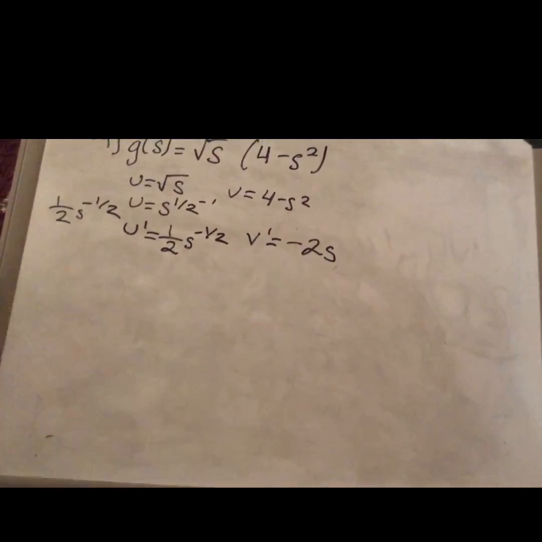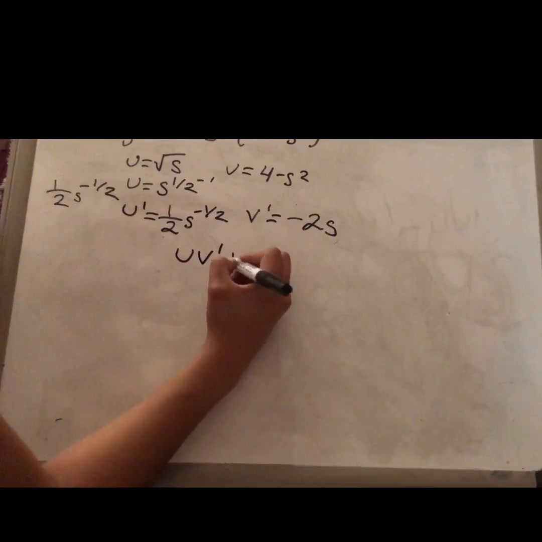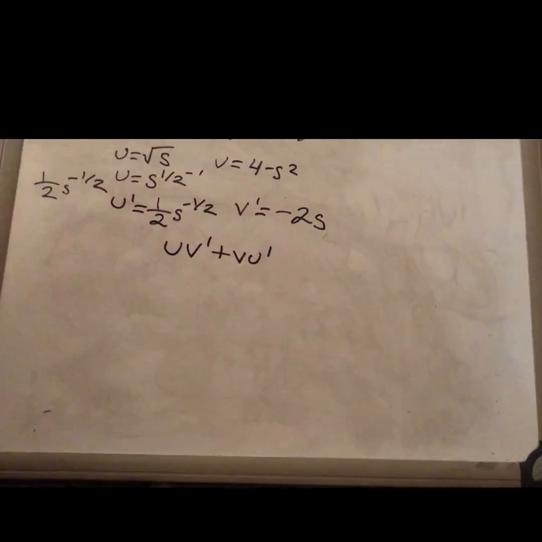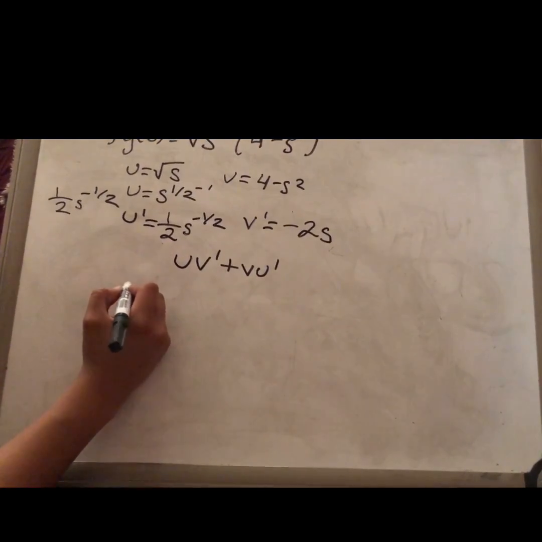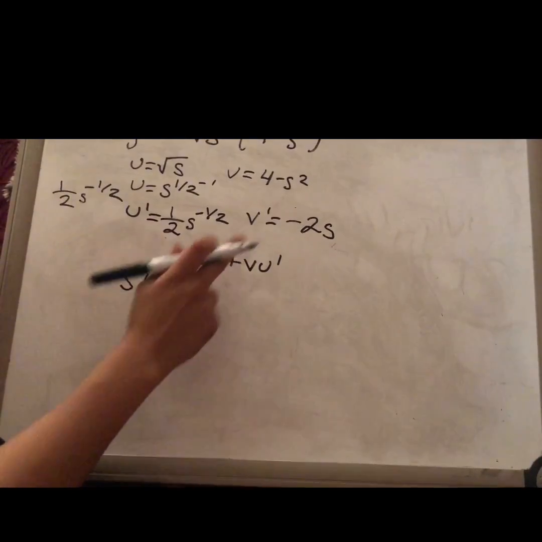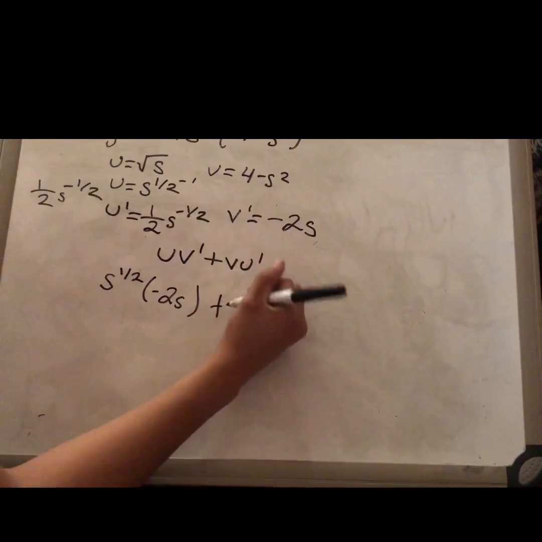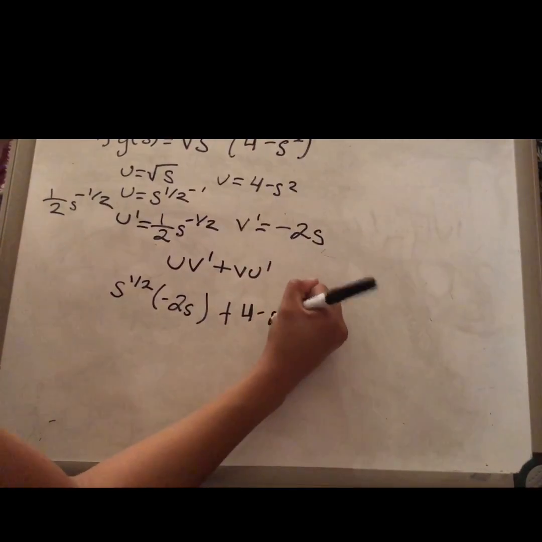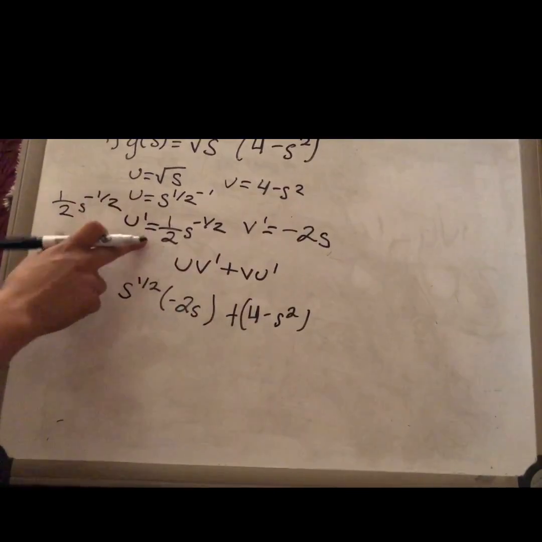So since you're multiplying, you would use the product rule, so it's uv prime plus vu prime. So now you just plug it into your formula, which is s to the 1/2 times v prime, negative 2s, plus 4 minus s squared times u prime.